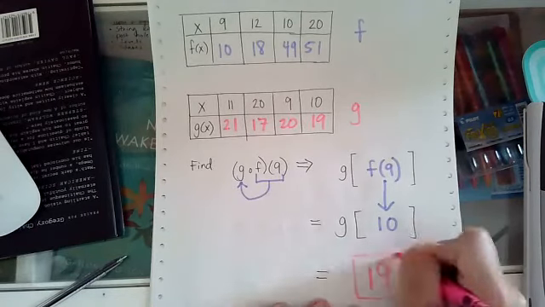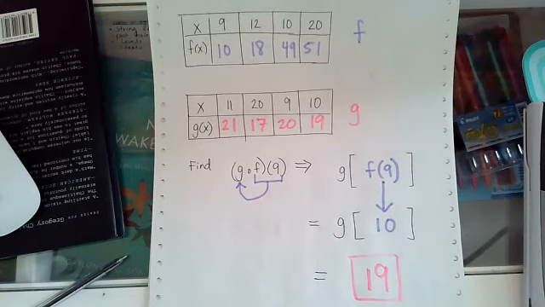And that's the answer. So you're using this composition idea to look up a value in one table, plug that value as the input into the other table, and then get the output.